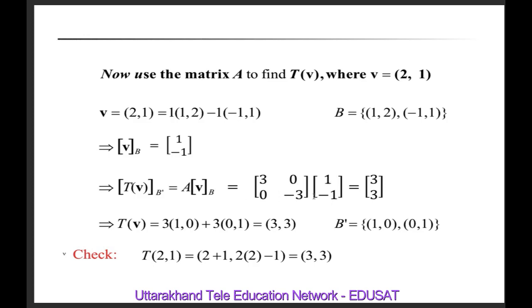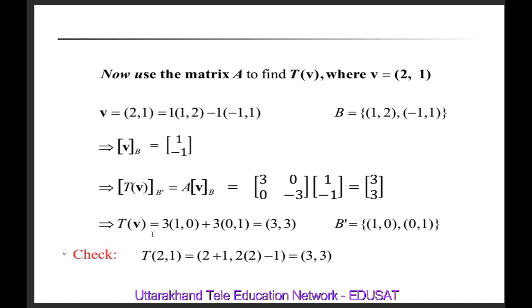If we multiply these two matrices by normal multiplication of matrices, 3 into 1, 0 into minus 1, this is 3 here. Then 0 into 1, minus 3 into minus 1, we have 3 here. So this is 3 and 3. This is the column matrix of order 2 by 1.